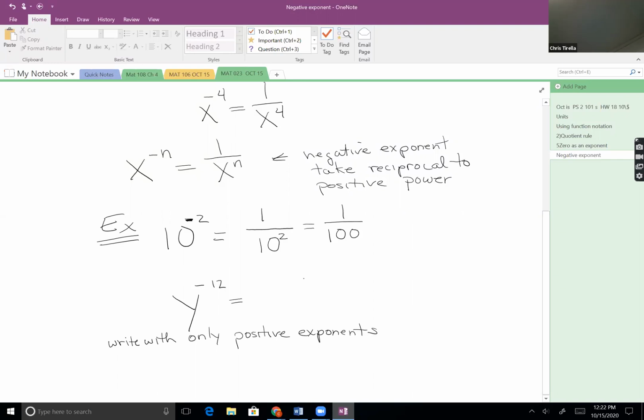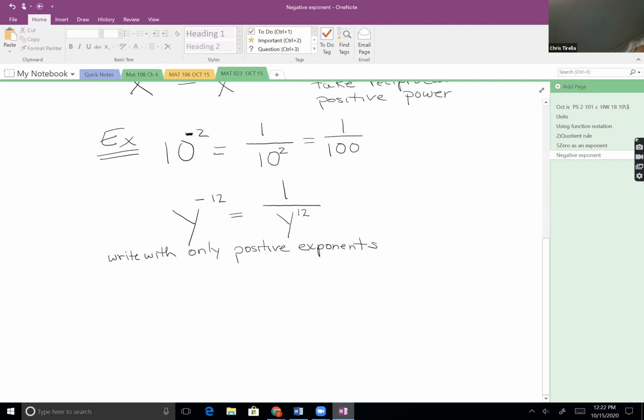And so if I have to write it with positive exponents, when I see that negative exponent, I think I'm going to need to make a fraction. The factor with a negative exponent, when I move it to the denominator, that exponent will be positive. And then the coefficient will be in that numerator.